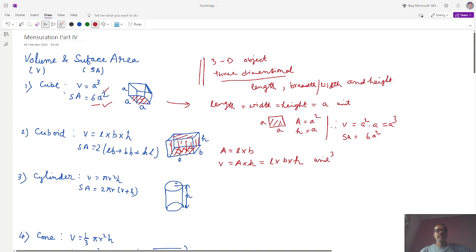All are rectangles, and if we observe carefully, then we will find that the area of the roof and the floor will be equal. Similarly, opposite walls are of equal area. Therefore, the total surface area of a cuboid equals 2 into (LB plus BH plus HL). Understand?